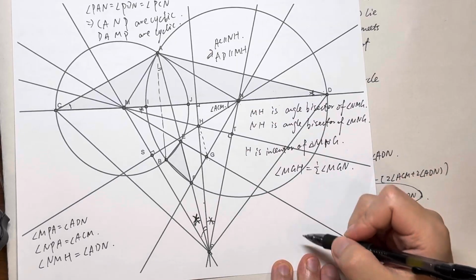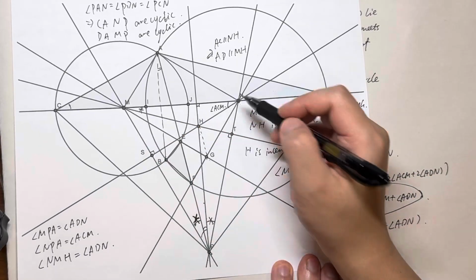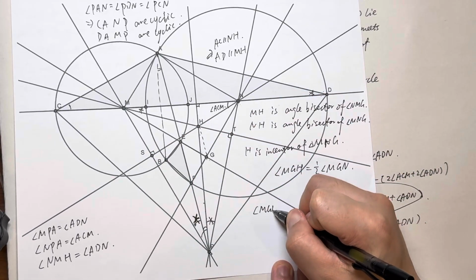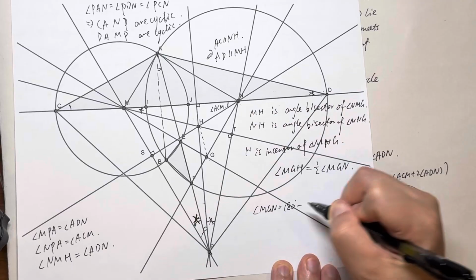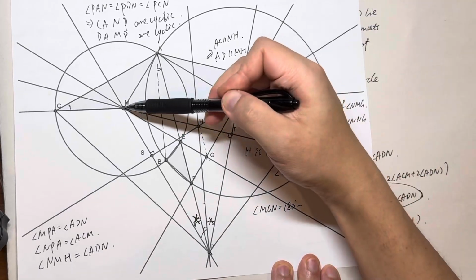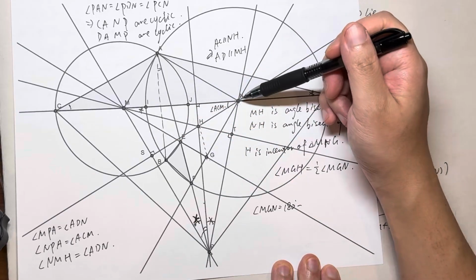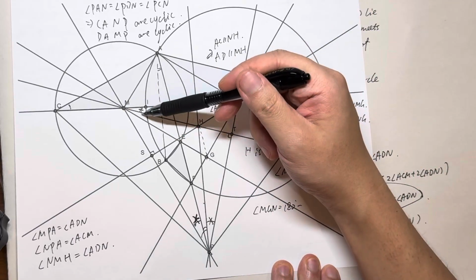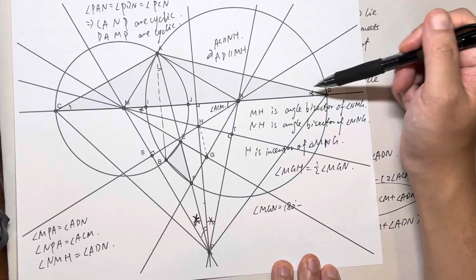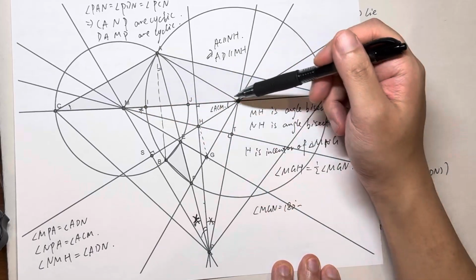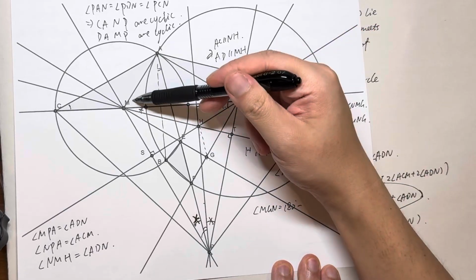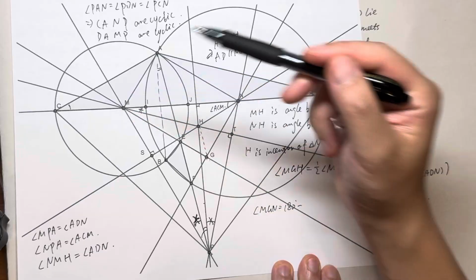And what is the angle MGN? The angle MGN is 180 degrees minus angle NMG and minus angle MNG. And we already know that angle NMG is twice angle ADN. And angle MNG is twice angle ACM.